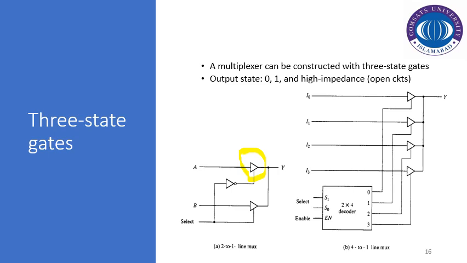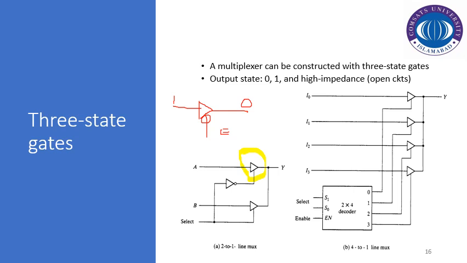If I place a bubble here in the symbolic representation, let me see if I can get a pen. This is input, this is output, and this is enable. If the gate is not enabled, the gate is in high impedance state, and if the gate is enabled, then the output follows the input; whatever the value of input is, that is represented at the output.